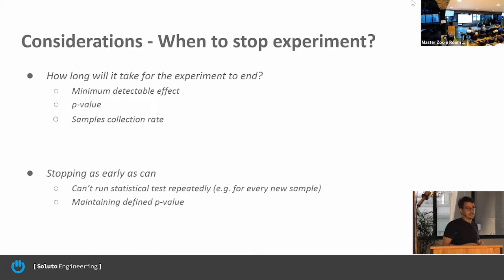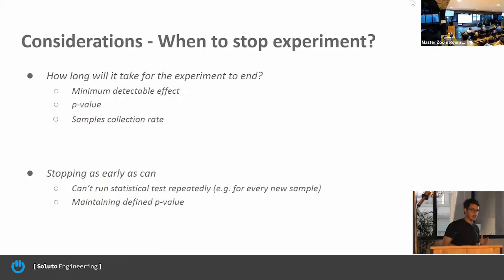But using also a legitimate p-value of 0.05, which is the false positive rate, we get to, all right, if we want to detect this small an effect, we'll probably need to wait years. So what can we do? The next question is, what is our current sample collection rate? Do we collect 100,000 samples per day, or 100 samples per day?